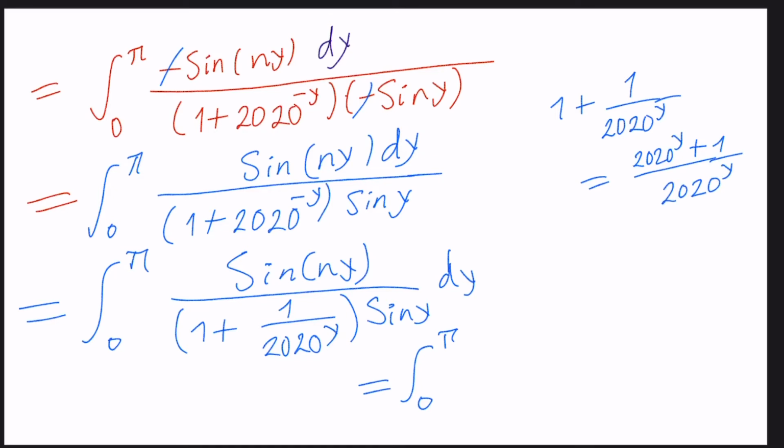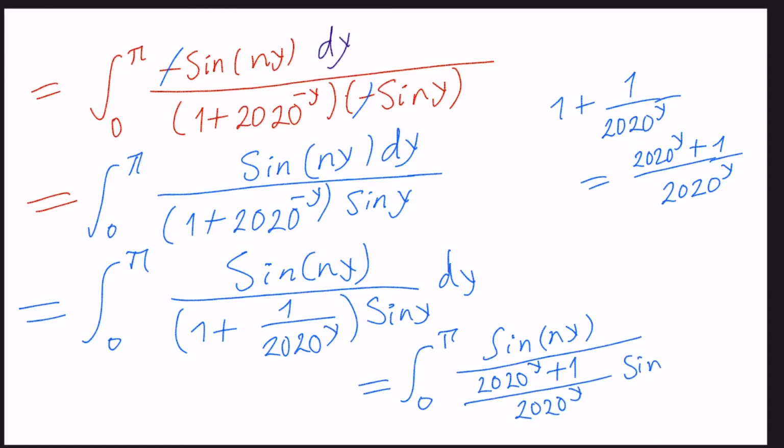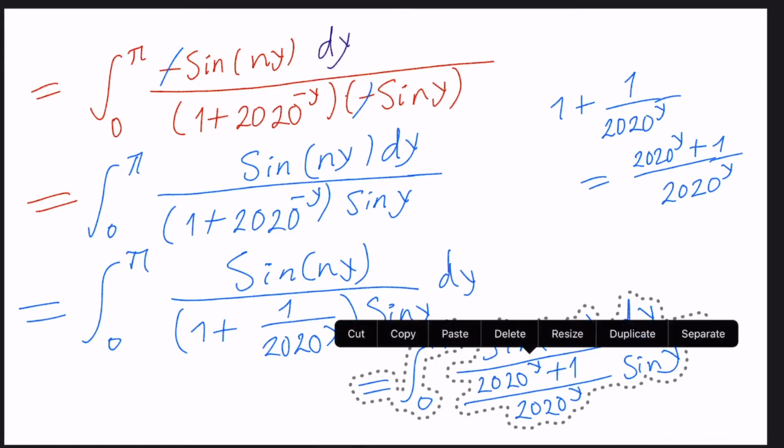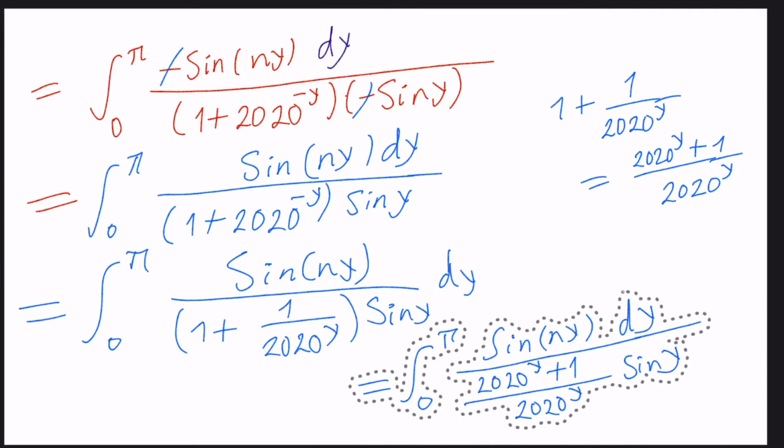Okay, we are ready here, so we just replace what we obtained previously: the same (2020^y plus 1) divided by 2020^y, multiplied by sine of ny by dy. Okay, so we obtained another expression that we require to do more algebra. So let me cut and paste this here.